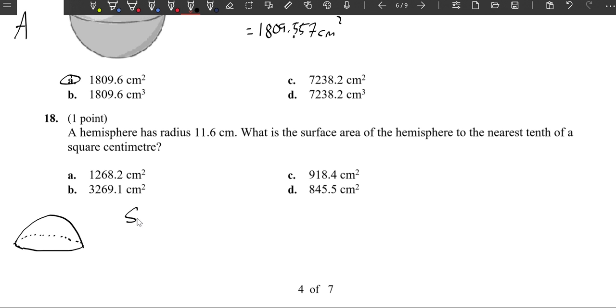So we take our surface area for a sphere formula, 4 pi r squared, and then we divide it by 2 because we're only dealing with half of it. And then we need to add on the bottom, the floor, which is just a circle. So that's another pi r squared.